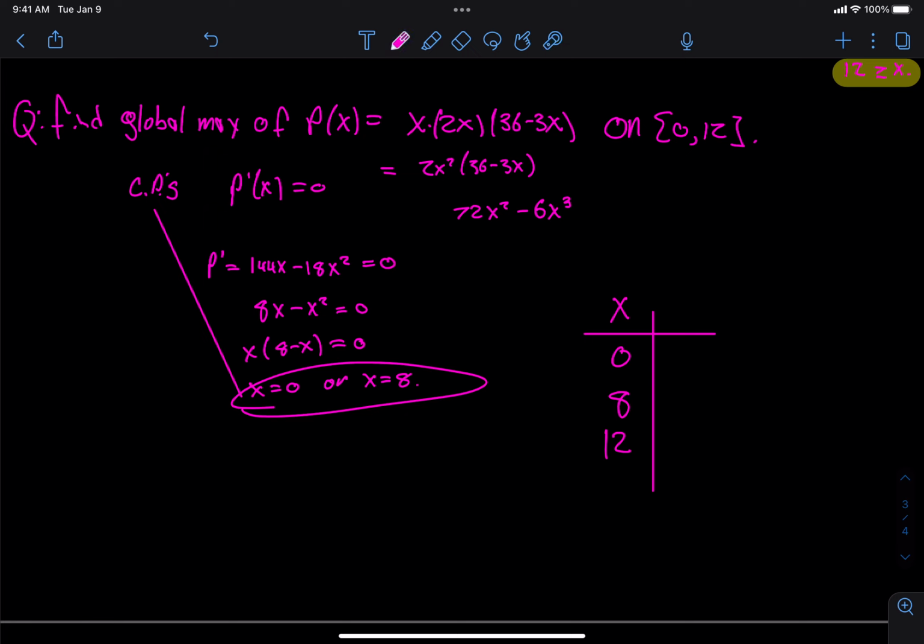So if I plug in 0, I'm going to get 0 because 0 times 2 times 0 times whatever, it doesn't matter what it is, it's going to be 0. And also if we plug in 12, we're going to get 0 because if you plug in 12 to this one, you get 36 minus 36, which is 0. And then if you plug in 8, you're going to get whatever that number is.